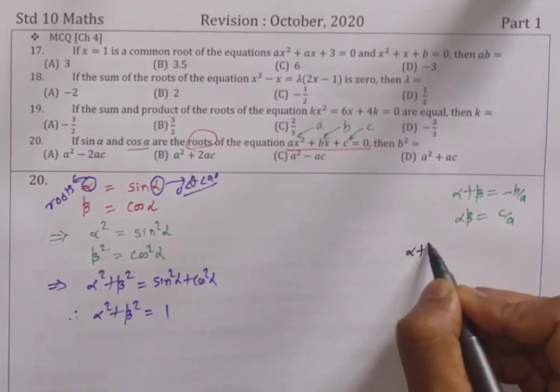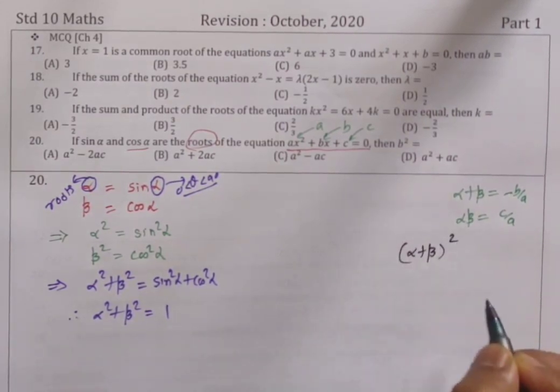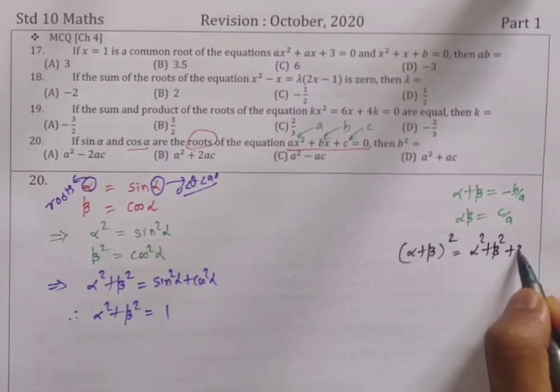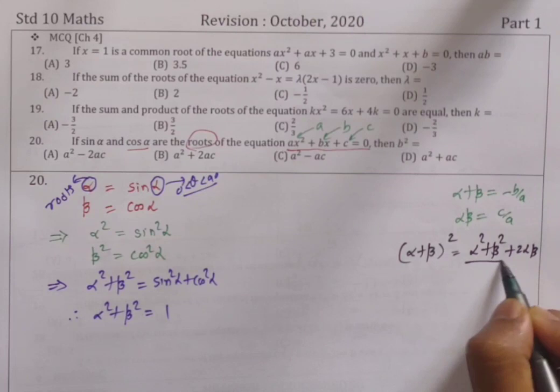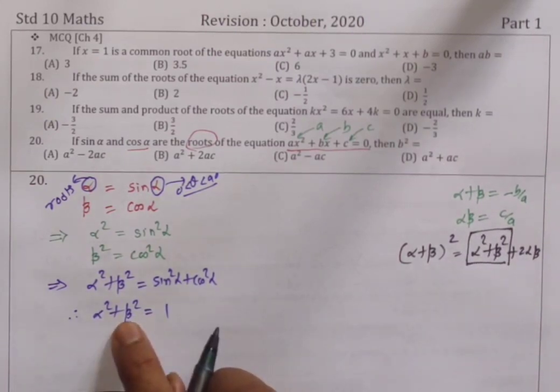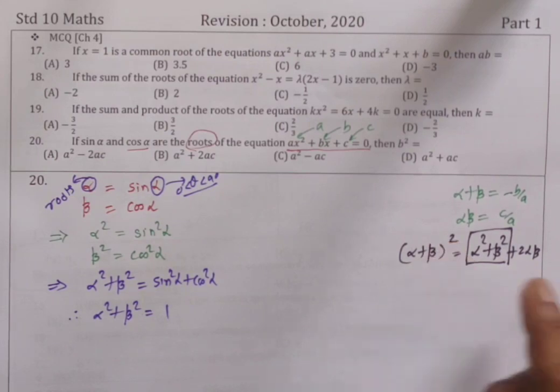Alpha plus beta whole square is equal to alpha square plus beta square plus 2 times alpha into beta. This is what you want: alpha square plus beta square. So you can take alpha plus beta whole square and bring this term to the other side.